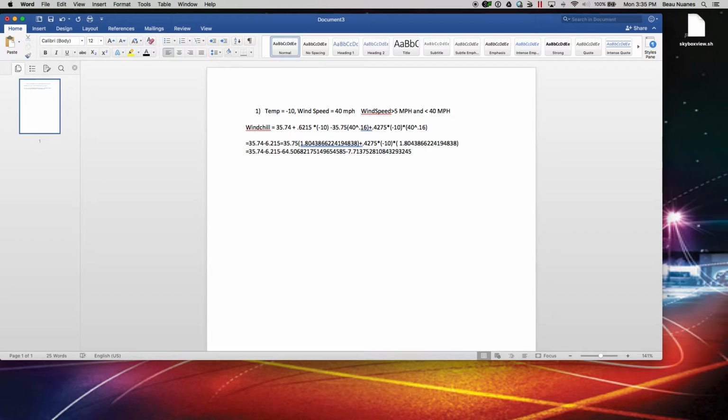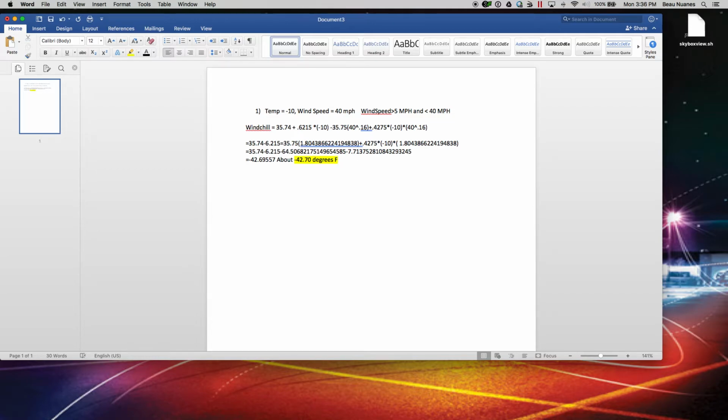Again, I do this just so I don't lose any. I want to make these results as accurate as possible for you guys. So when I do that, my result is going to be negative 42.69557, which, if we round to tenths, is roughly 42.7 degrees Fahrenheit. So negative 42.7 F. That's your result for the temp in this case.